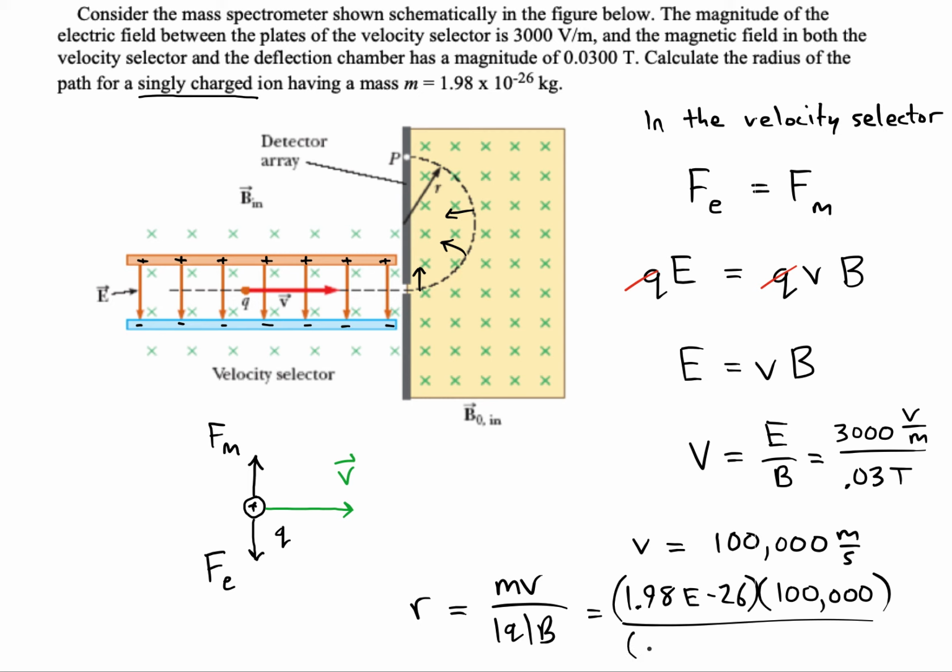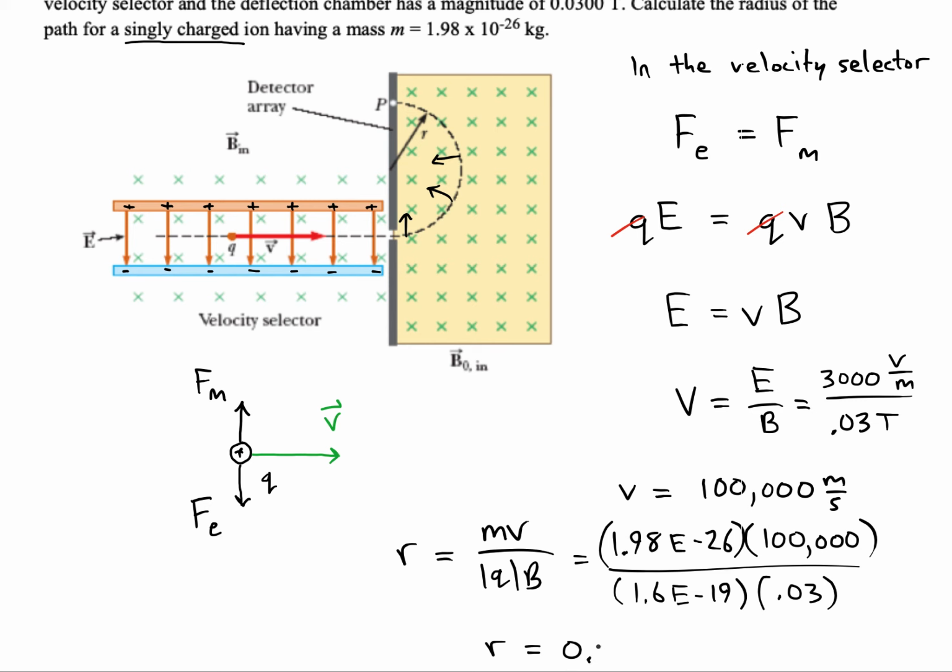So our Q will actually be 1.6 times 10 to the minus 19. And we'll put in our B field. We can now solve for the radius. It's 0.413 meters. So we can predict where the particle will strike. It'll be twice that radius.